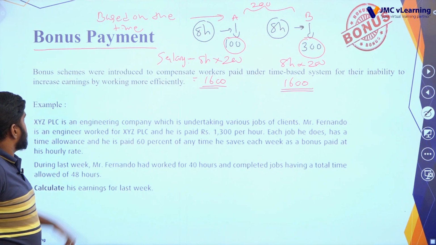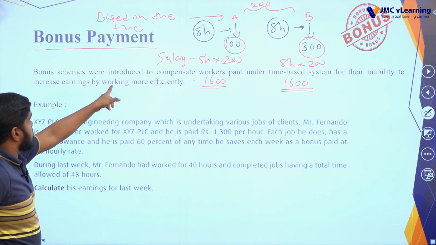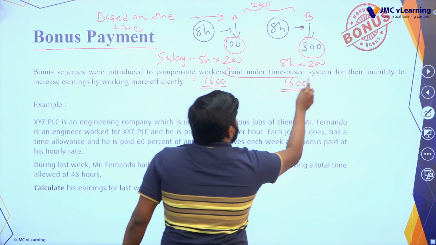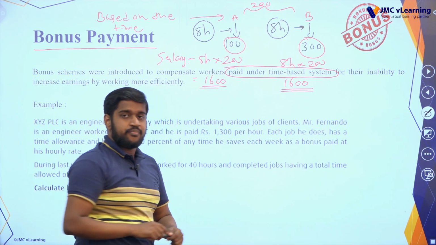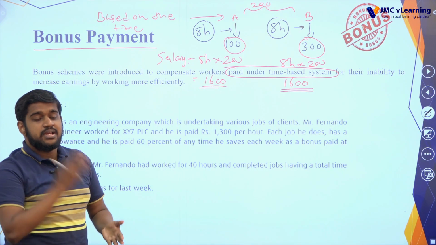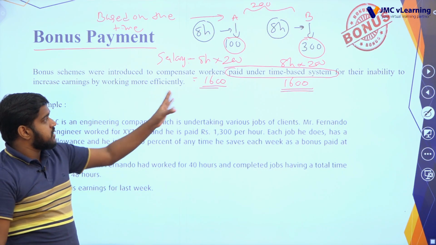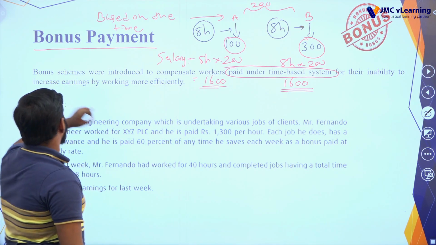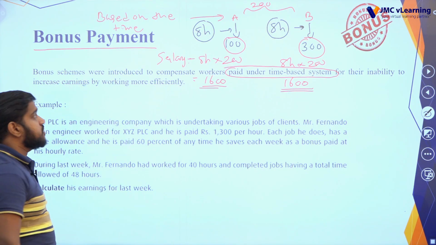Simply, they say bonus schemes were introduced to compensate workers paid under a time-based system. Actually, these bonus payments are related to the time-based payment system, for their inability to increase earning by working more efficiently.